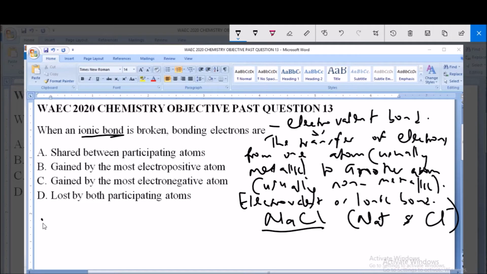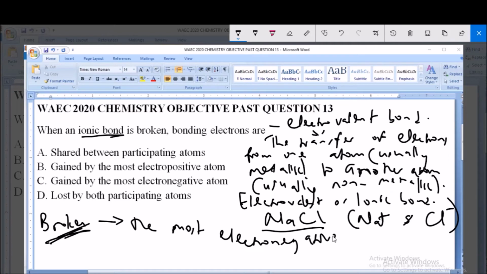Now when an ionic bond is broken, what happens is that the most electronegative atom gains the bonding electrons.